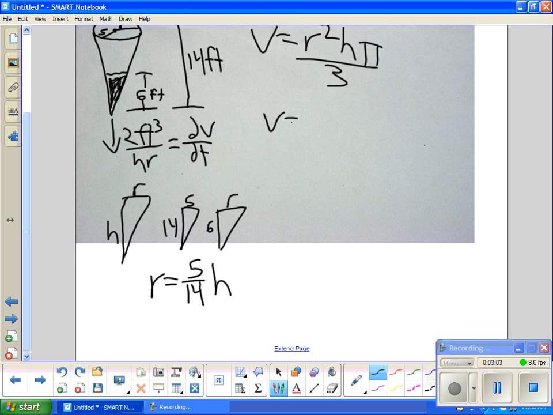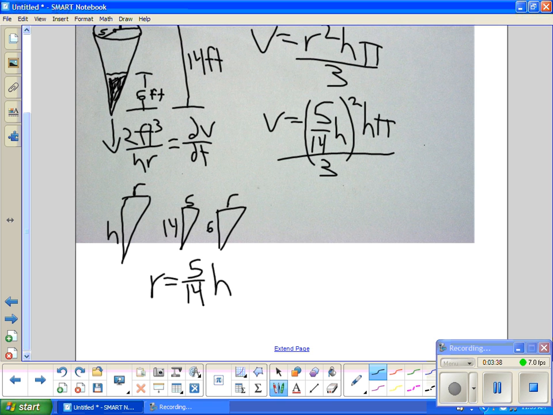We plug in R so that we're left with nothing but H, and we will end up with this equation.